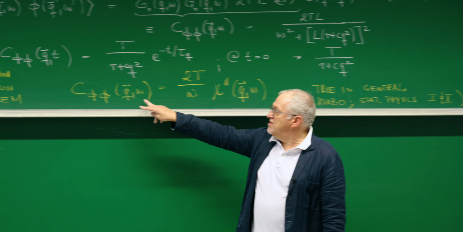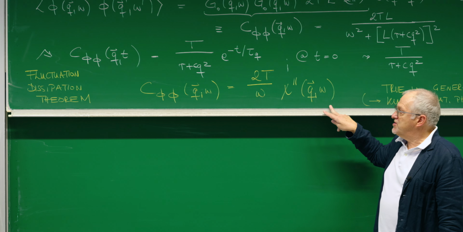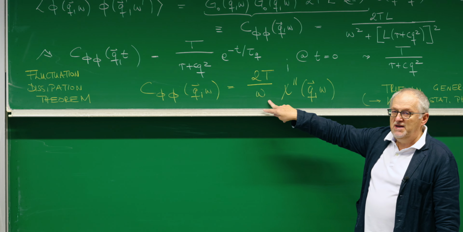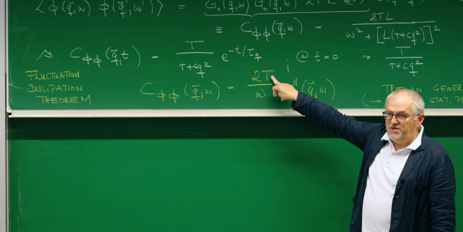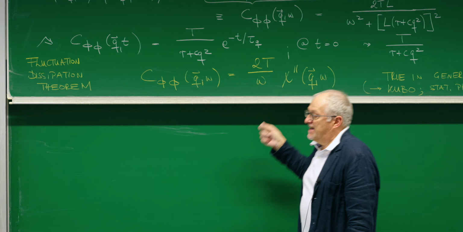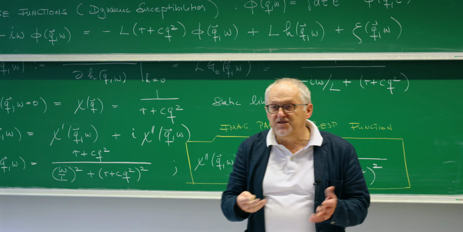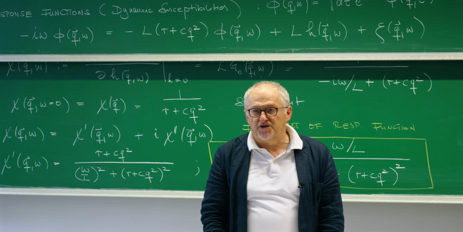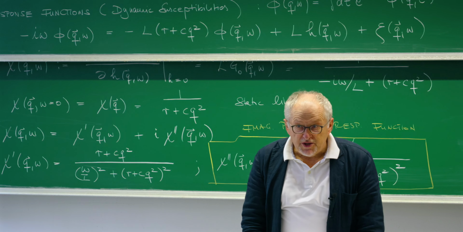You take the ratio of the correlation function and the response function and multiply it by omega. And then you have to get a constant. And this constant is a temperature. And if you don't, then either your experiment is wrong because you've done something that's not proper, or you have to say, well, the system is not at thermal equilibrium, there's something else going on. Questions?